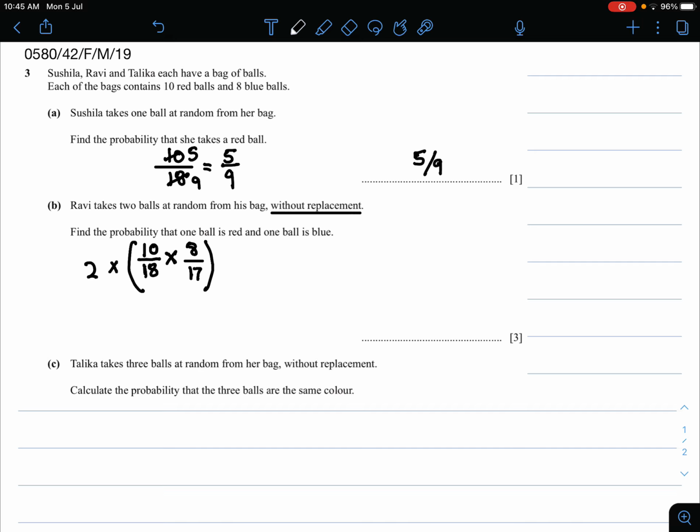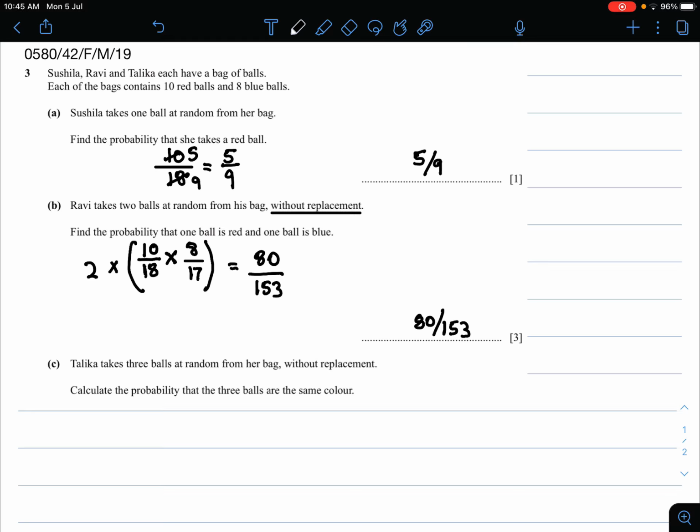So 10 divided by 18, which is 5 by 9, multiplied by 8 divided by 17. So the total will give us 40 divided by 153 multiplied by 2, which will give us 80 divided by 153. Therefore, the final answer for part B is 80 divided by 153.